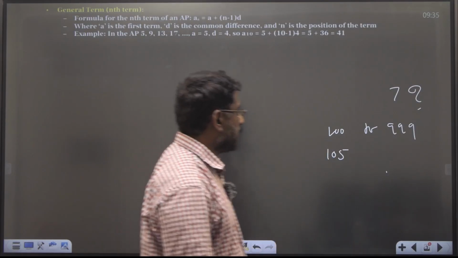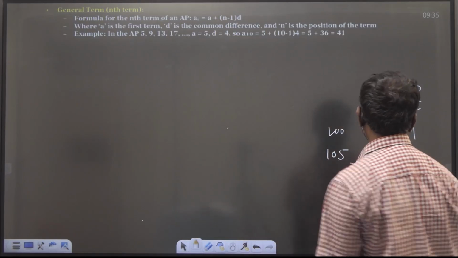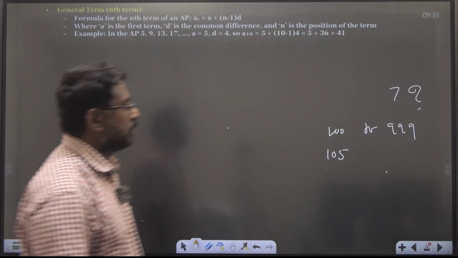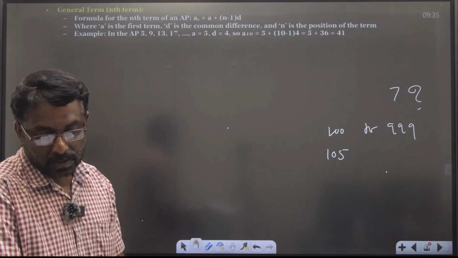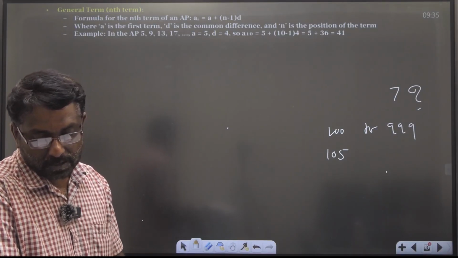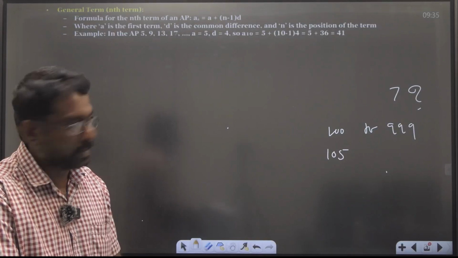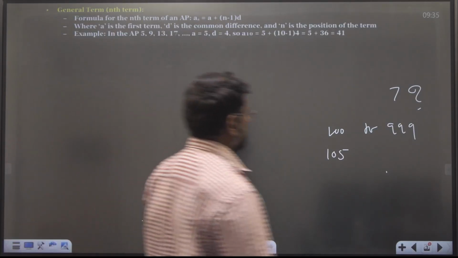And what will be the last number? Is it possible for 999 to be divisible by 7? 999 is not divisible. Then check for 998.